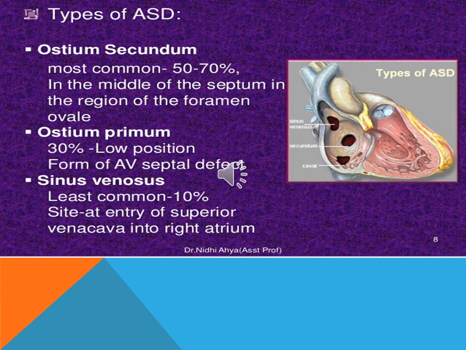Gradually there is resolution of this ostium primum, the upper part, near the entrance of the great vessels and the right atrium. The upward growth from the atrioventricular septum and the downward growth from the interatrial septum grow towards each other, leaving a small opening or septal defect that is called a foramen ovale.